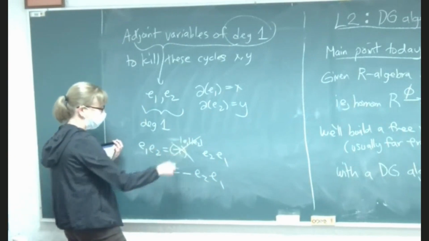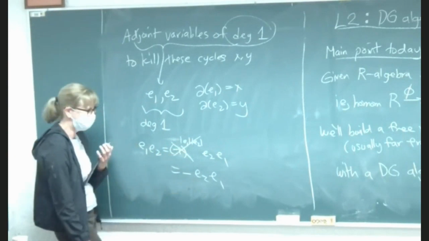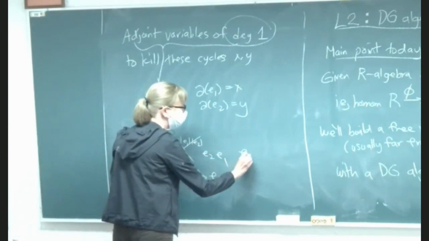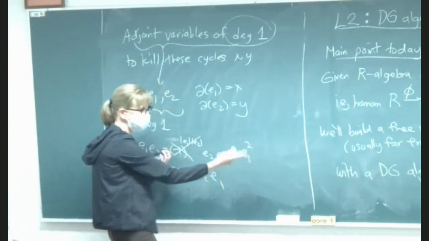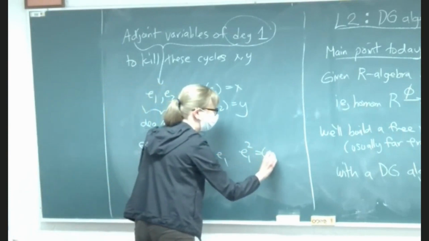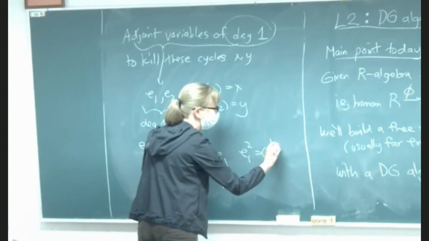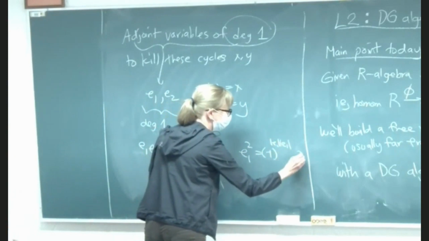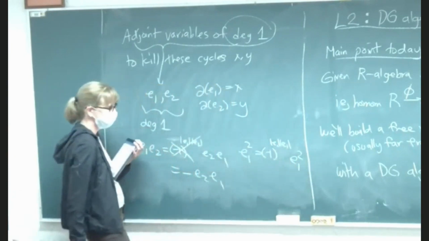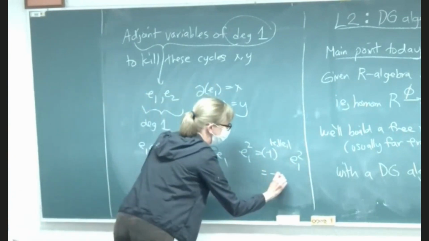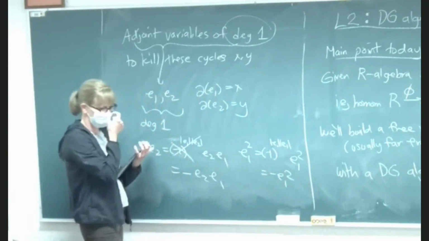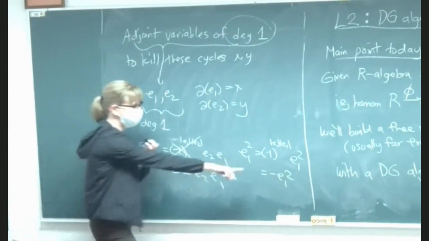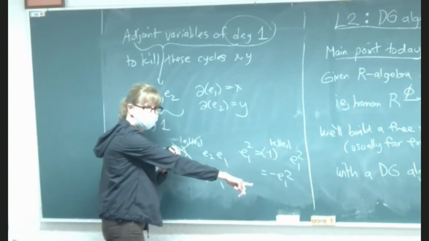And also E1 squared: you can commute E1 with E1, minus 1 to the E1 squared. I've traded the two E1 factors, but that's negative, so it's minus E1 squared. So if characteristic is not 2, that tells you that that's equal to 0.